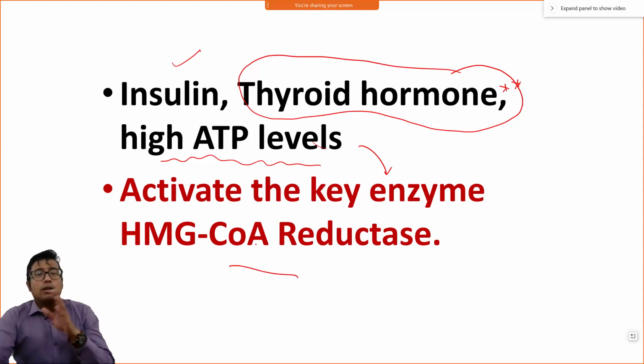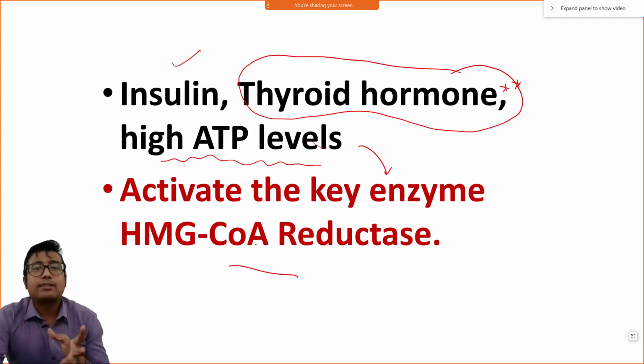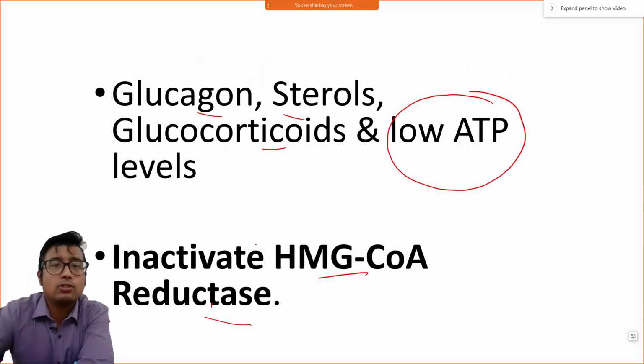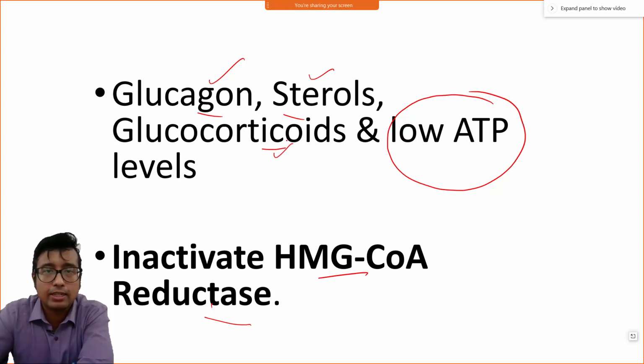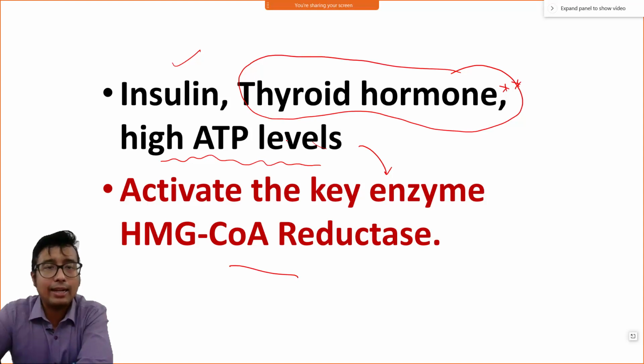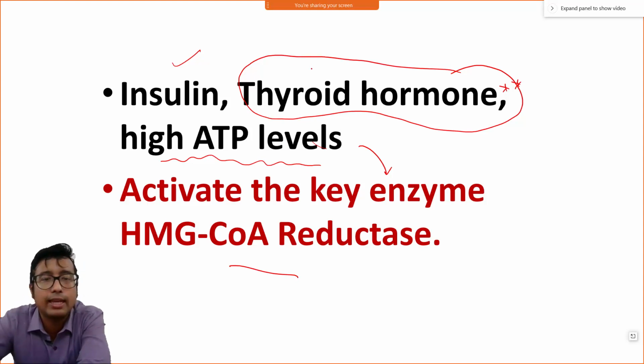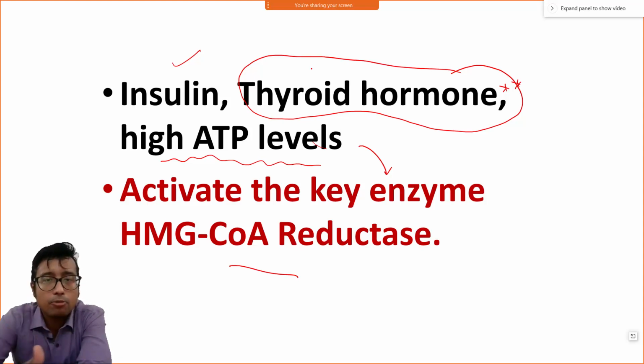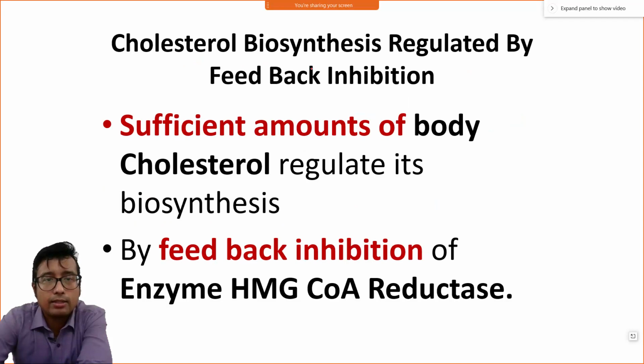So if you are asked the factors that affect HMG CoA reductase, definitely insulin, glucagon and other hormones and ATP level. Other hormones में क्या याद रखना है, जो catabolic hormones हैं, glucagon, glucocorticoids, growth hormones, steroids, they all inactivate HMG CoA reductase, and insulin and thyroid hormone in this case they activate HMG CoA reductase. तो ये तो हुआ hormonal and covalent, ठीक है ना?